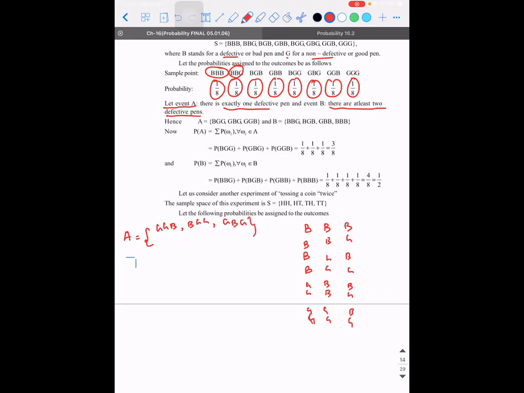Similarly, B is that there are at least 2 defective pens: bad, bad, good; bad, good, bad; good, bad, bad; and all bad. So there are 4 scenarios possible.